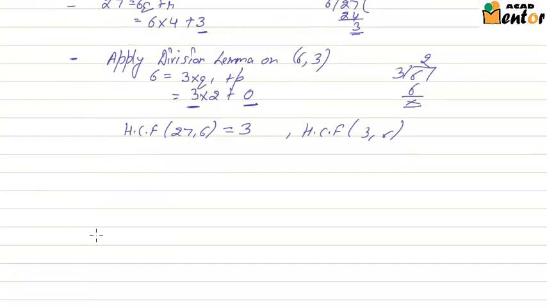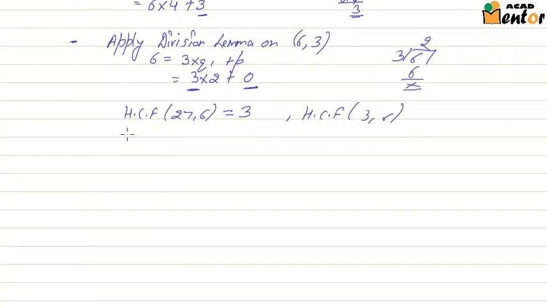Now let's see how we used to apply the long division method in earlier classes. Taking the same set of numbers 27 and 6, we divide 27 by 6. 4 would be our quotient and 3 would be the remainder. Now what we used to do was, when the remainder was not 0, we would make this 6, which was the divisor in the first step, the dividend, and the remainder would become the divisor.